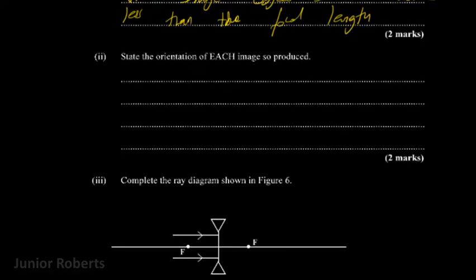This question says, state the orientation of each image produced. Again, we're going to start with the real image. A real image formed from a converging lens is inverted, which means that it is upside down.